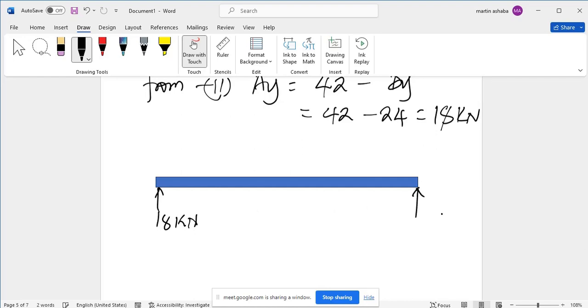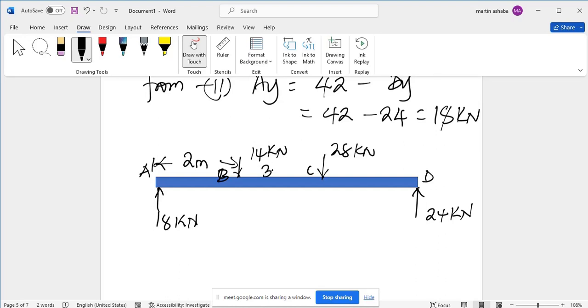Our dy, we have seen that it is 24 kilonewtons. Then we have this being A, this is D, we have C somewhere, which is 14 kilonewtons, and it is at 2 meters from A. Then from C we have B, with 28 kilonewtons, and we have 3 meters. Then we have also 2 meters from C to D. Okay, this is my free body diagram.